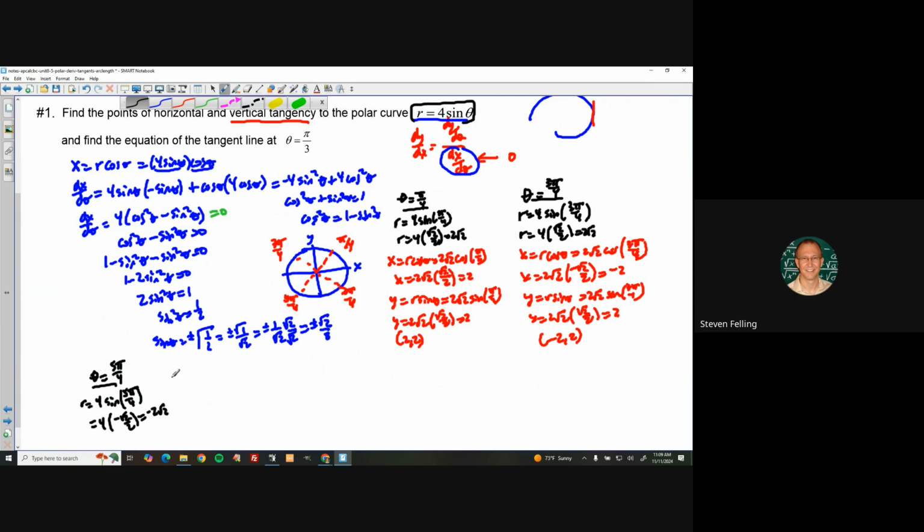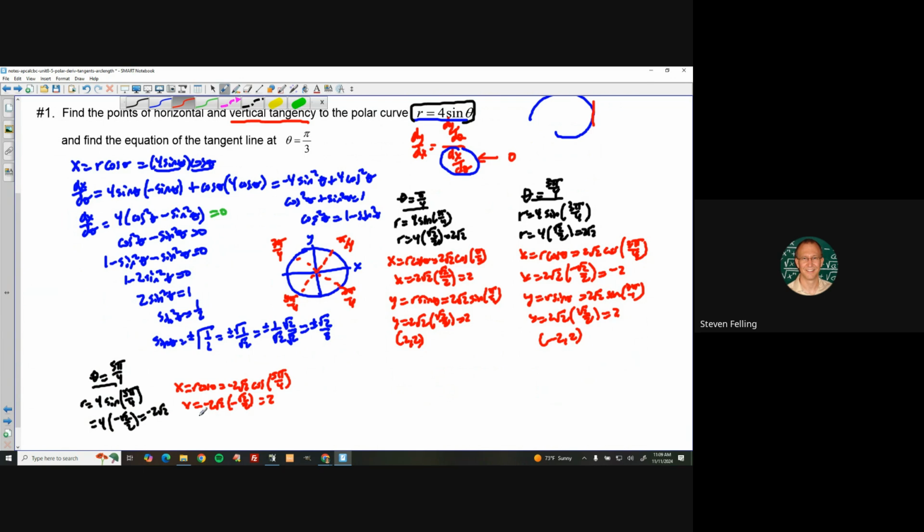And then if I find the corresponding x and y for that, x is r cosine theta, which would be negative 2 square root of 2 times the cosine of 5 pi over 4. And the cosine of 5 pi over 4 is negative, so that's going to give me x is negative 2 square root of 2 times negative square root of 2 over 2, which gives me positive 2.